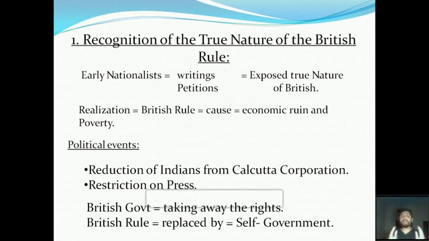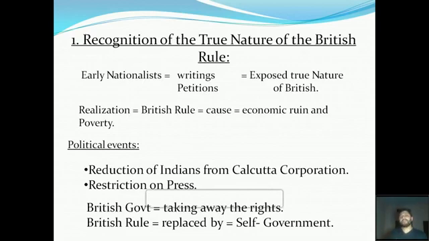So it was the result of recognition of the true nature of the British rule. This is the first point behind the emergence of assertive nationalism.